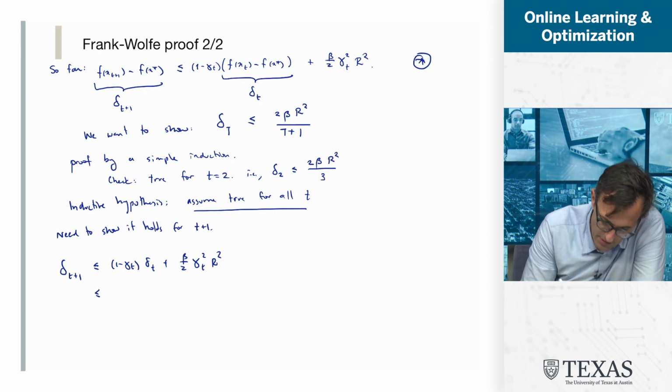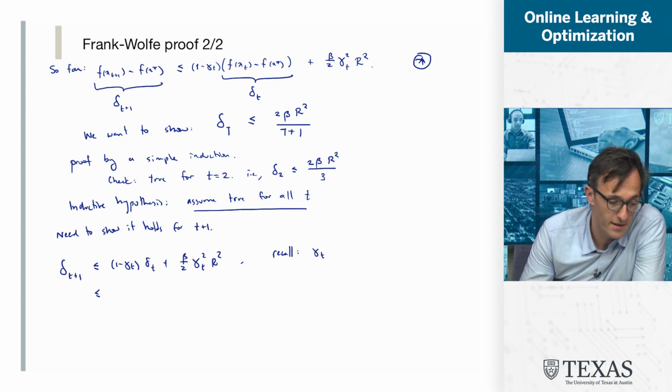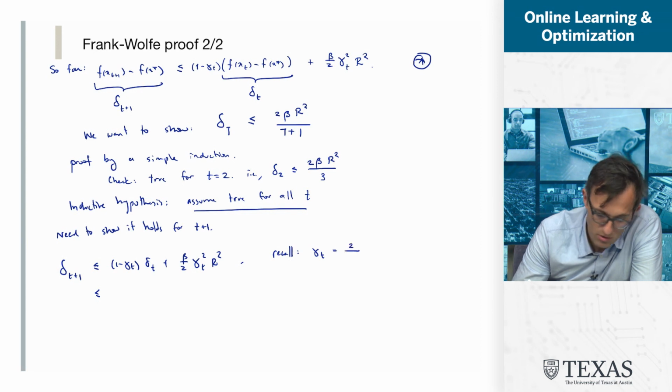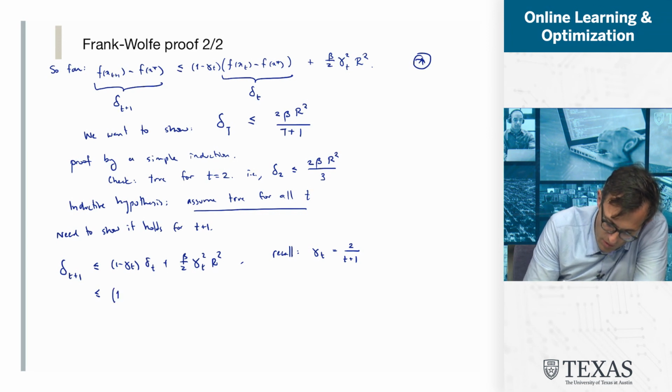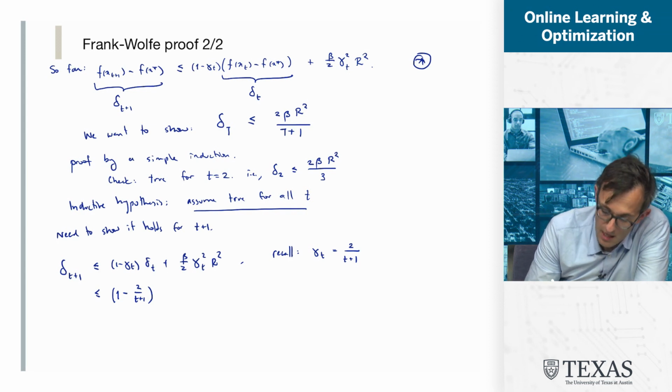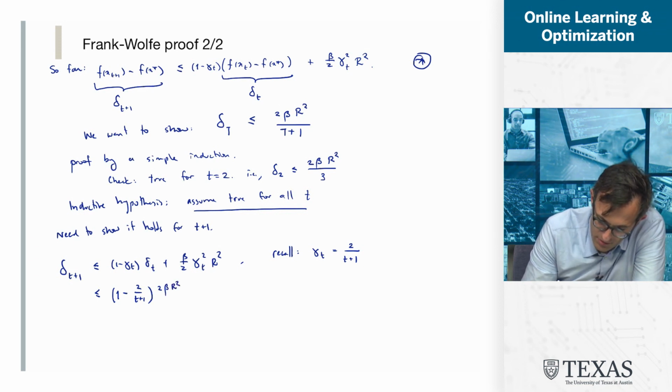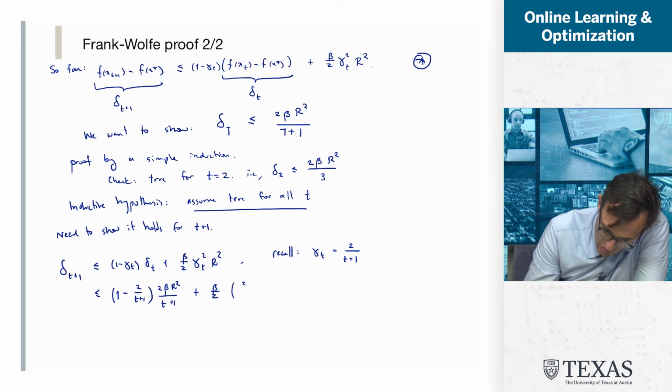Remember that my choice of gamma t, as stated in the theorem, is 2 over t plus 1. So I've got 1 minus 2 over t plus 1 times delta t. Delta t is upper bounded by, again the inductive hypothesis, 2 beta r squared over t plus 1, plus beta over 2 gamma t squared. This is 2 over t plus 1, this whole thing squared, times r squared.